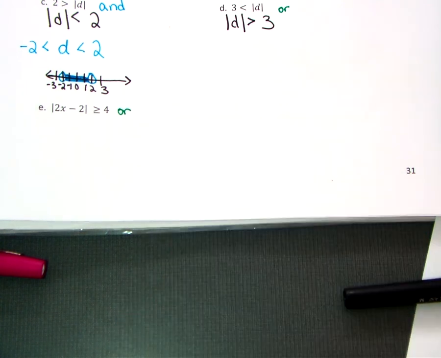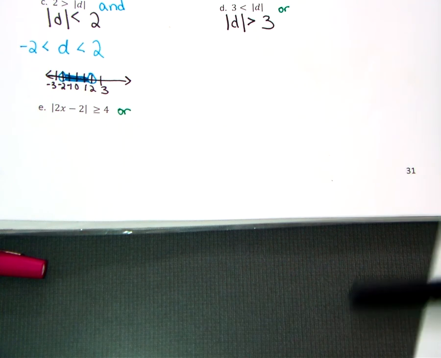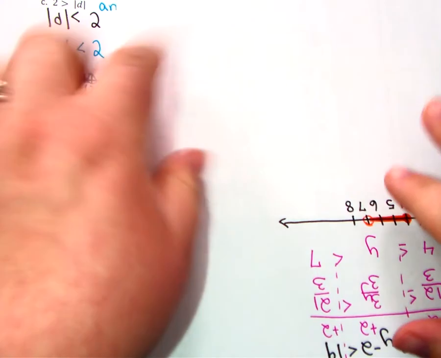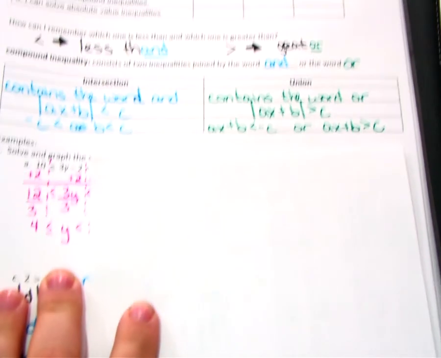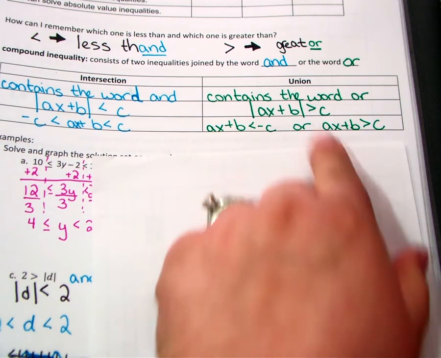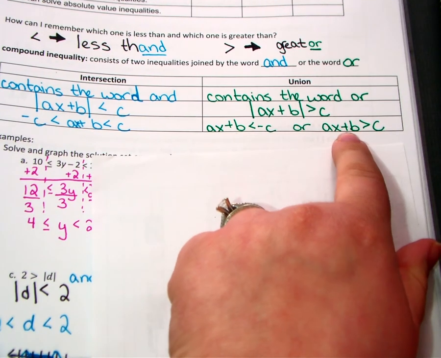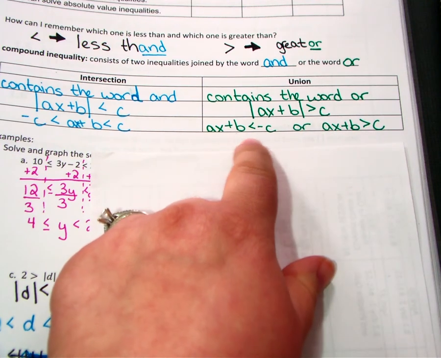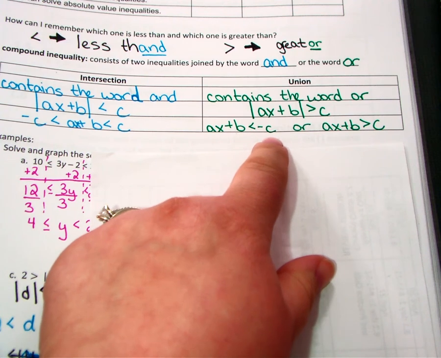Take a look at the next one. This one is a great or problem. For great or problems, they will follow this structure. The first one gets copied exactly like it is, just without the absolute value sign. And here, I change it to a less than sign, and I flip the sign.